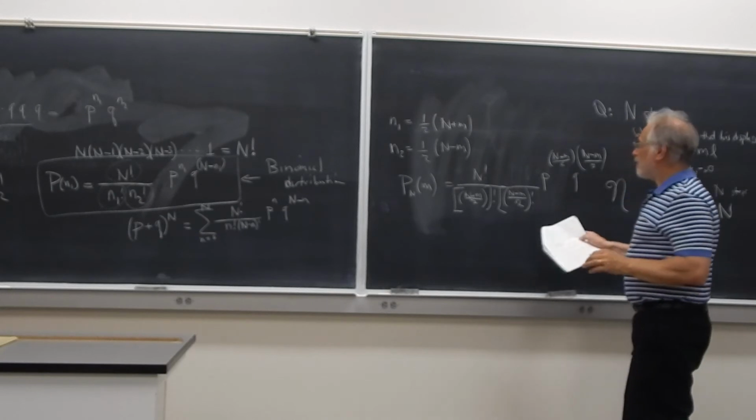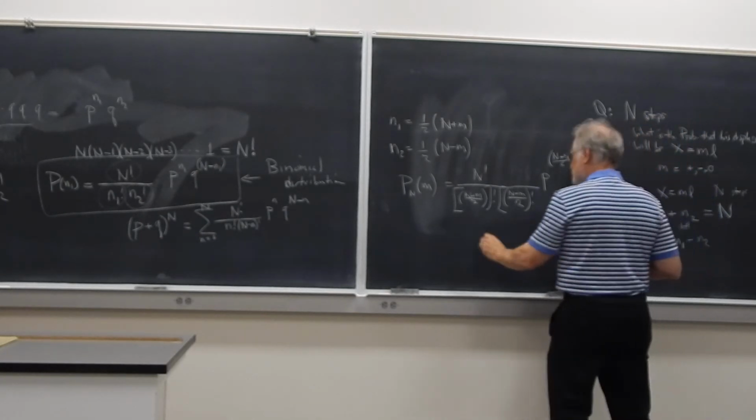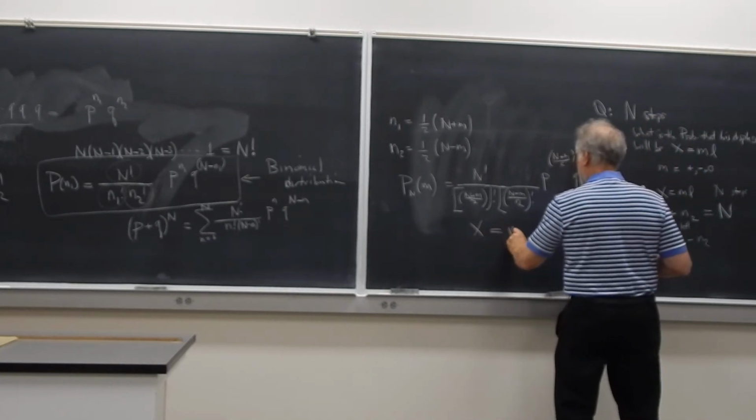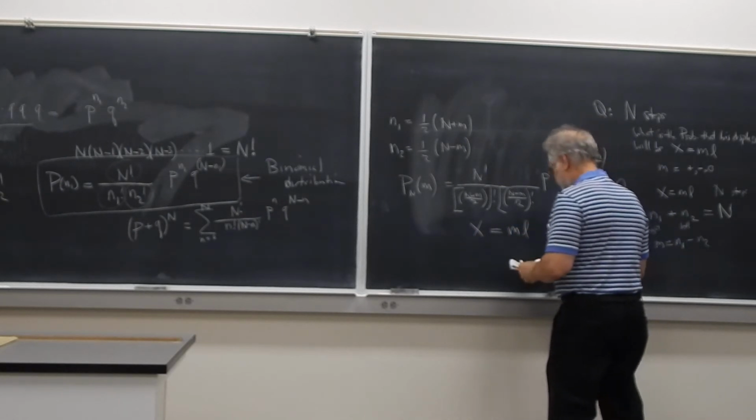So this is the probability that the net displacement x will be equal to m times L.